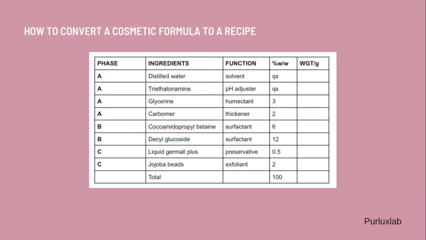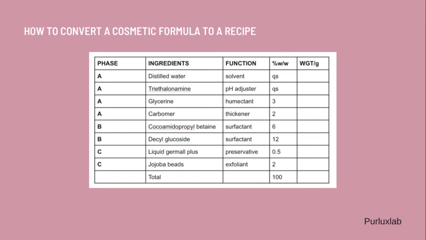So in the case of triethanolamine, it is actually a pH adjuster or a buffer solution, and it is used to increase the pH of your product. Whenever you're making a product, the amount of pH adjuster you would need to make sure that the pH of the final product is at the right medium is not always constant.